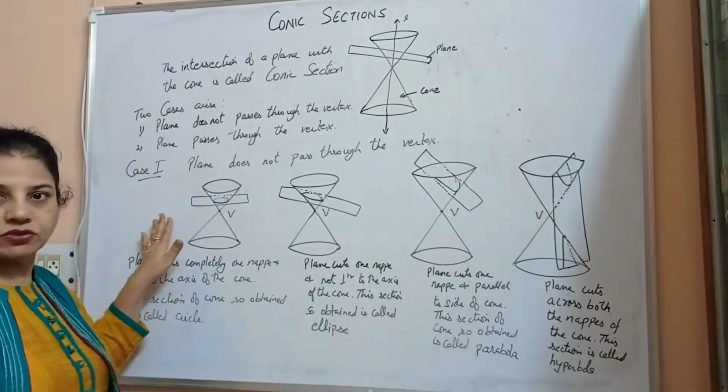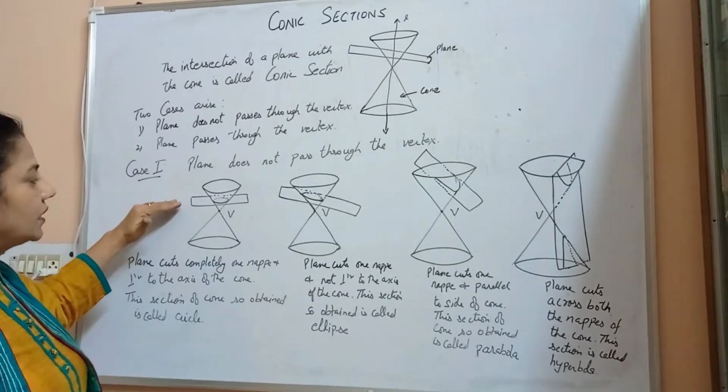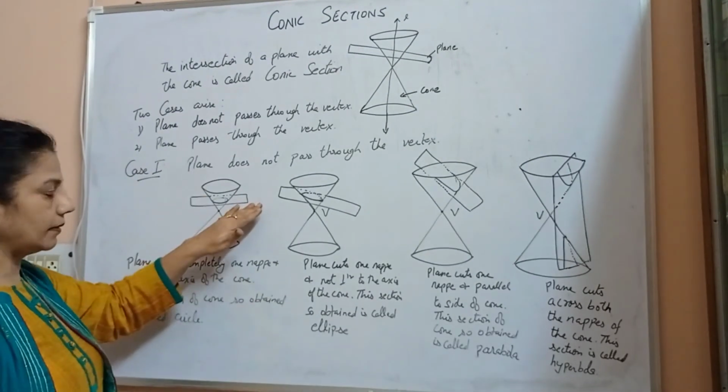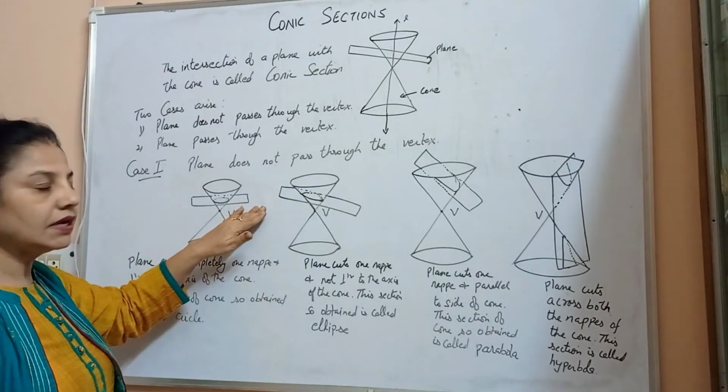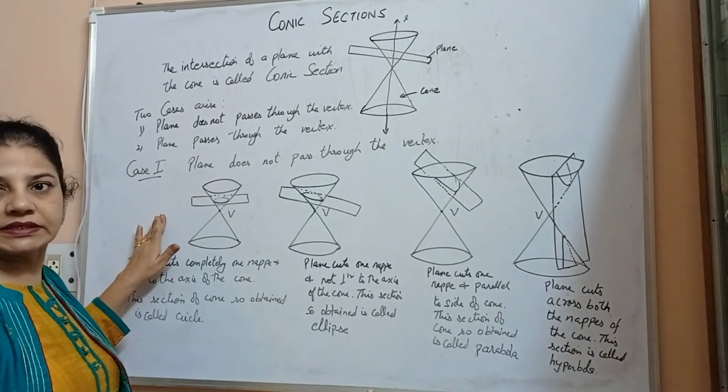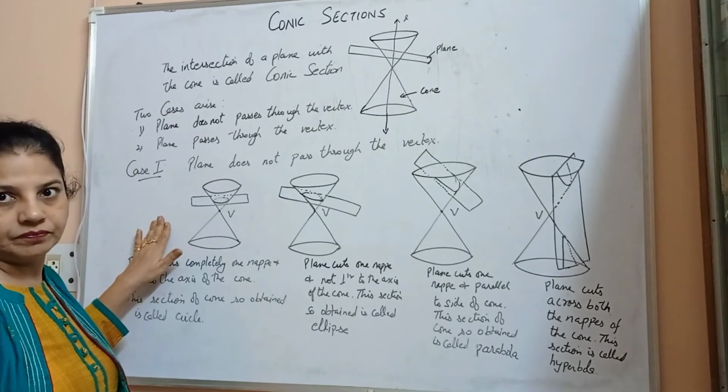If the plane does not pass through the vertex, say it cuts one nappe completely and is perpendicular to the axis of the cone.